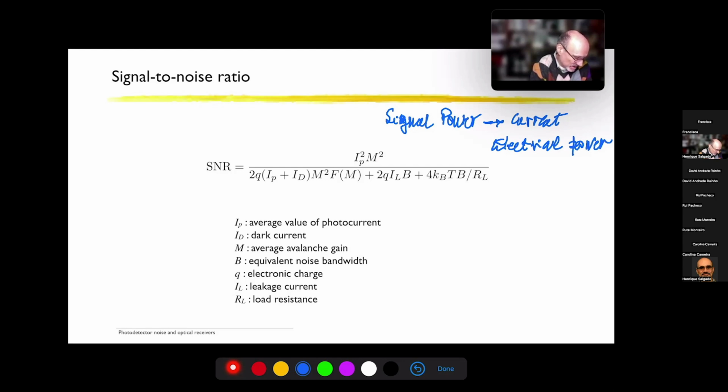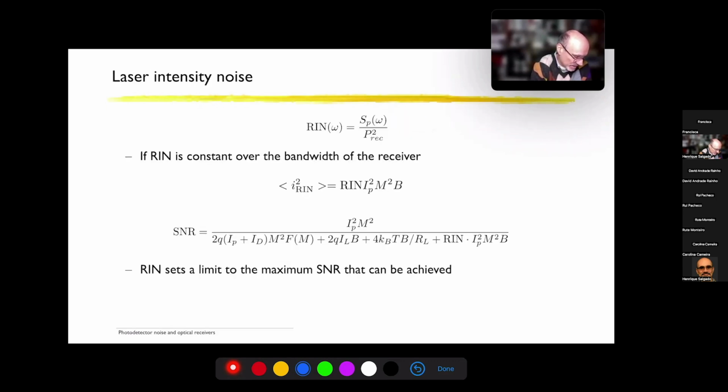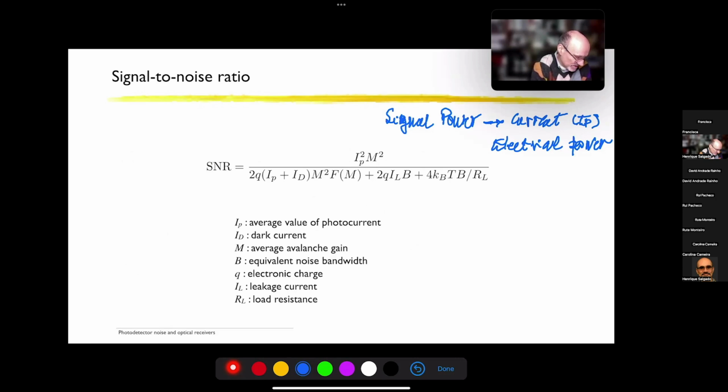Let's assume this is our signal current at the detector. To obtain the electrical power associated with the signal, we have to take the current and square it. For example, in a resistance of 1 ohm, this will be equivalent to a certain electrical power generated at the receiver.